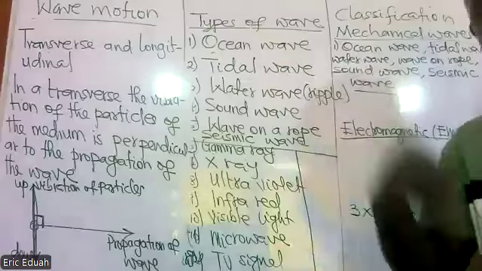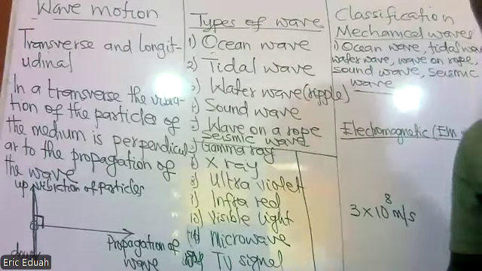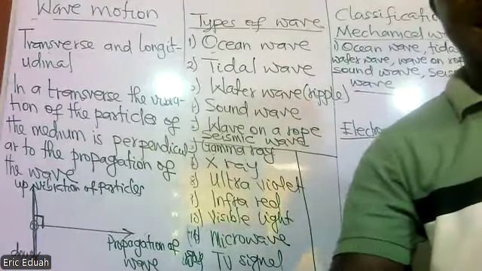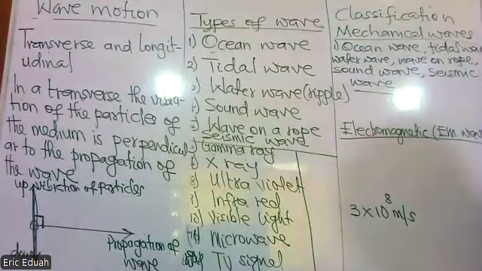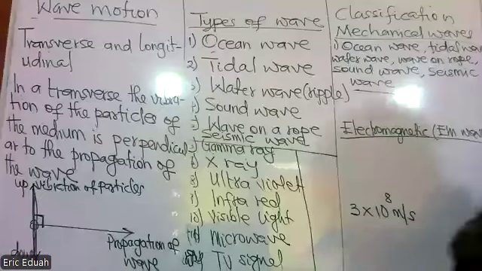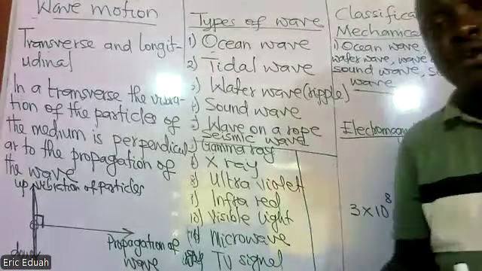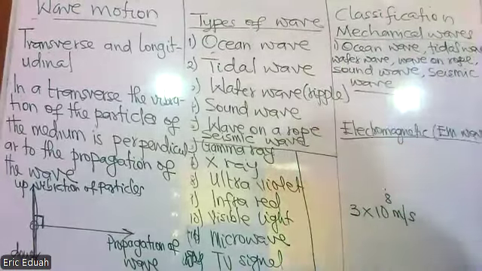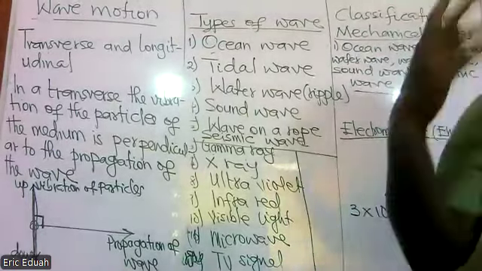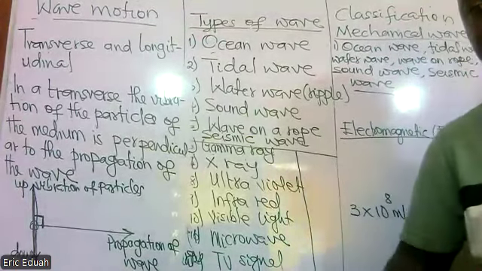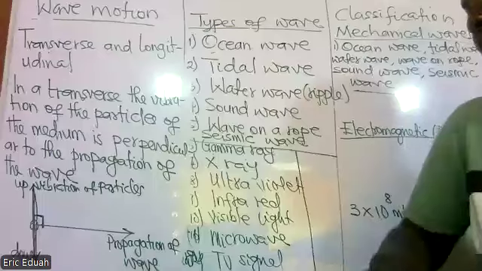So again, transverse wave and longitudinal wave is not an example of a kind of wave, but a classification of these waves based on how the particles vibrate and how the wave is being formed.